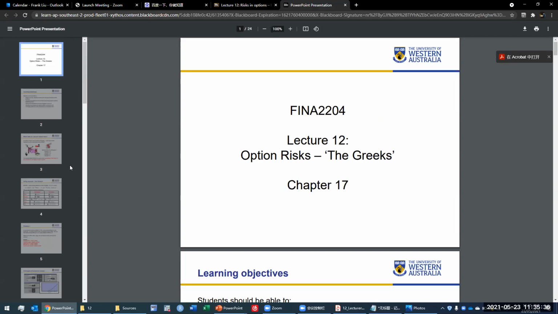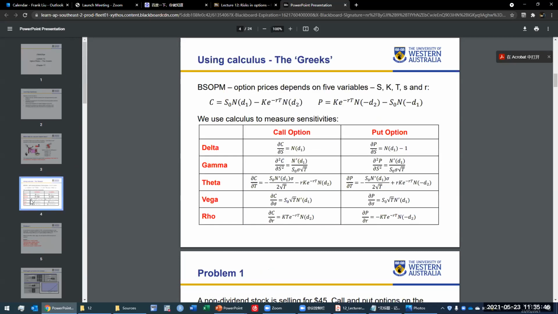Greeks here refers to how you quantify the price of the options with respect to many factors. Here, everything is based on Black-Scholes, because you actually need to have an explicit form.